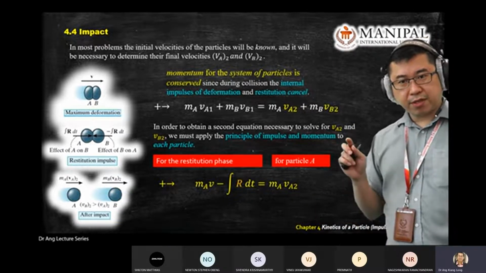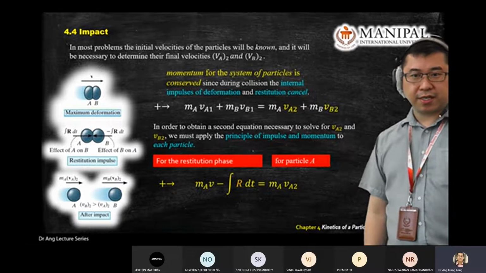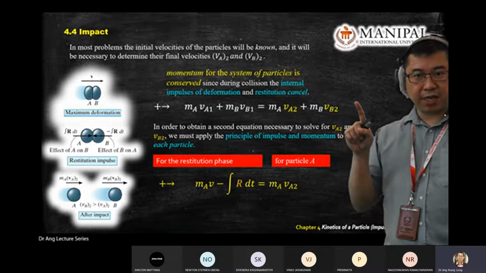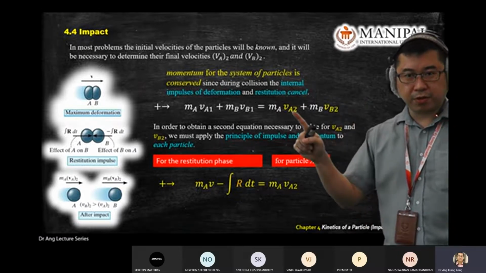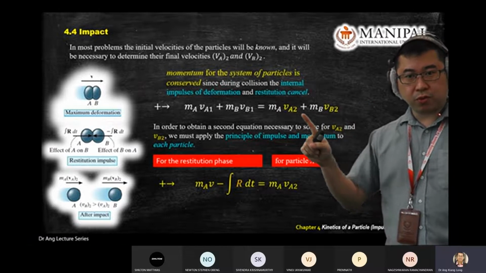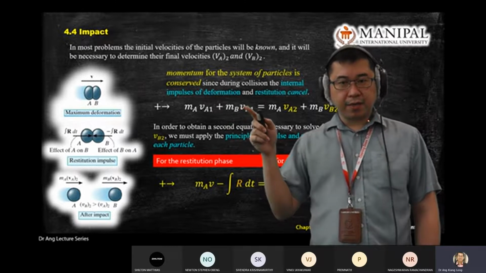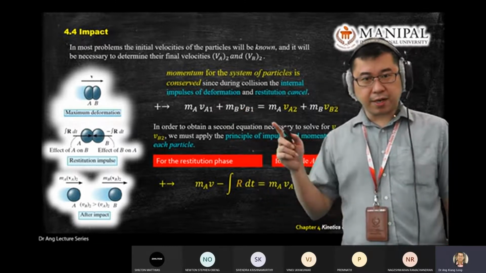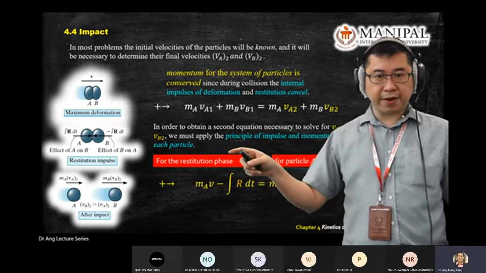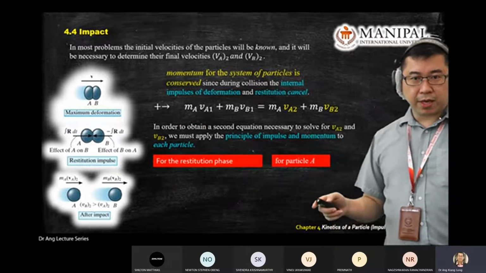So we have three equations here. One is the equation of momentum. You have VA2, VB2, two unknowns. And then just now we saw what happened before maximum deformation, the deformation phase, where we have this equation.